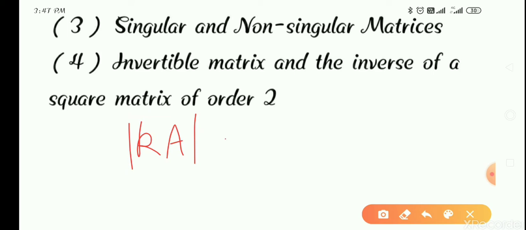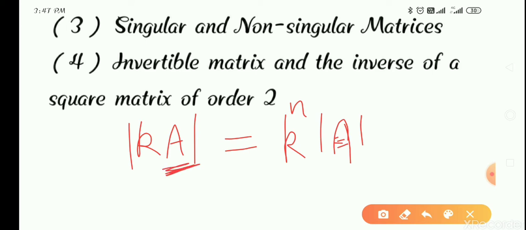If you have the determinant of KA, it will become K to the power n determinant of A. It means suppose A is a given matrix of order n, and you are multiplying matrix A by K, then how can you find its determinant? So determinant of KA equals K to the power n determinant of A. One example will be there, I will tell you.